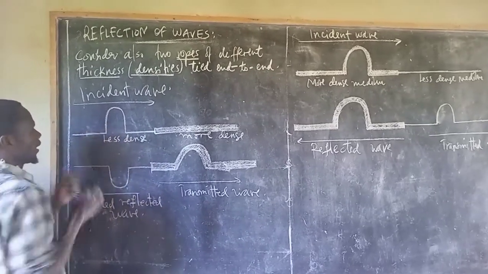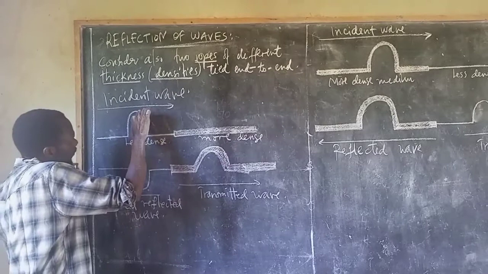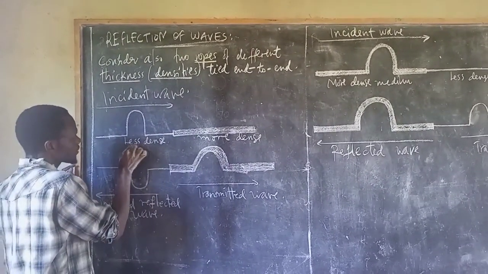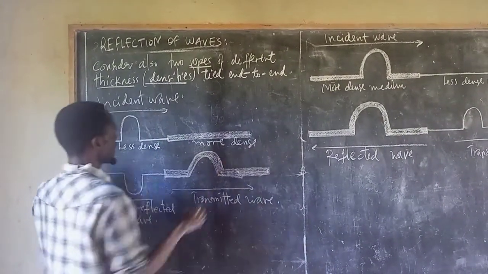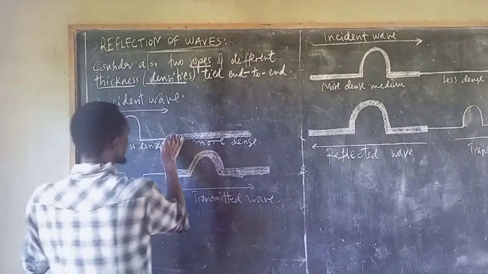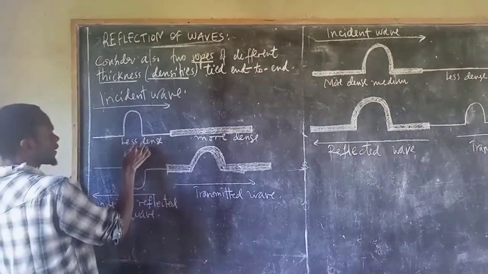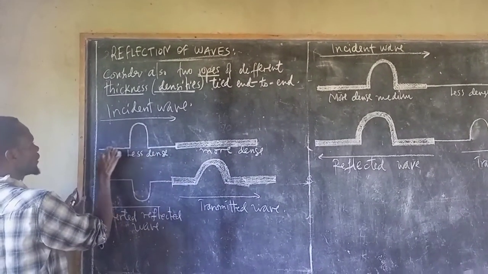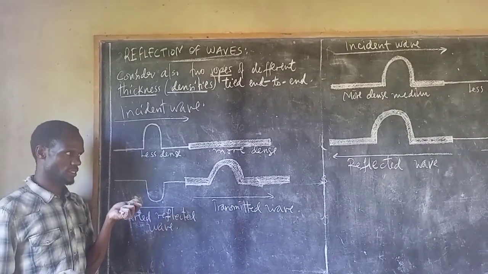This is the less dense medium, a rope with less thickness, and this is the more dense medium. The density of this one is greater than the density of this one. And this represents two mediums of different densities.